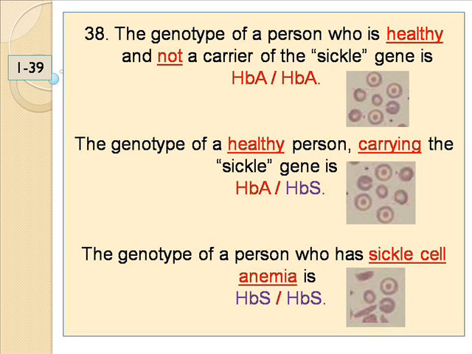Now, these are the way they look. This person is healthy. All their cells look like this. This person's a carrier. They're healthy. All their cells look like that too. That's a piece of a round cell. There's no problem here.